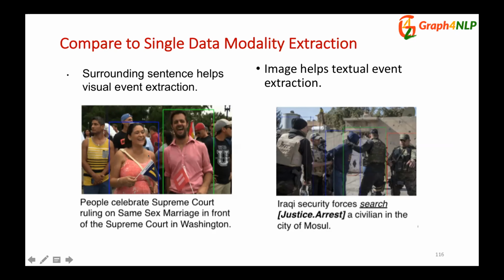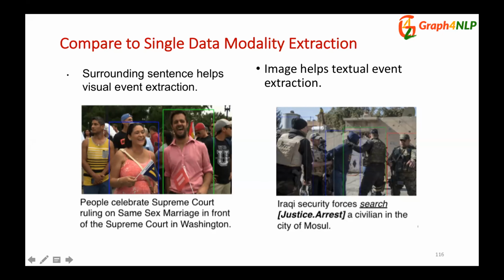For example, here, if we don't look at the text side, we may mistakenly identify this as a protest event because of a crowd, if we only use the image system. But using the common semantic representation, we'll be able to successfully identify this as a play. So it's a happy play instead of protest.